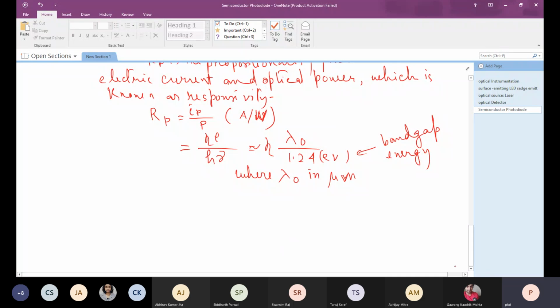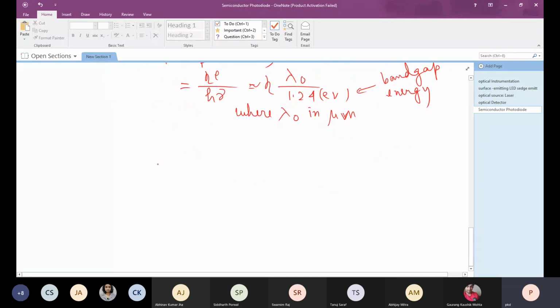So usually if we put the theoretical plot, that will be a straight line, with lambda 0 in micrometer, say 0.8, 1.0, 1.2, etc., and this side is responsivity. Maximum can be 1.